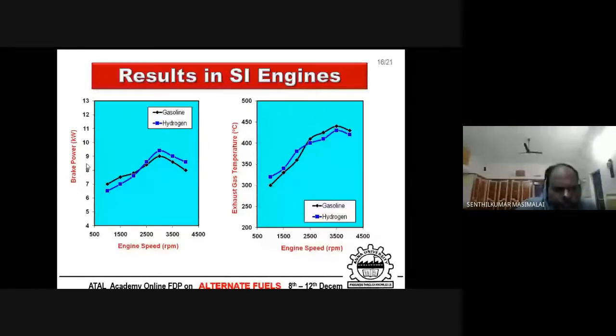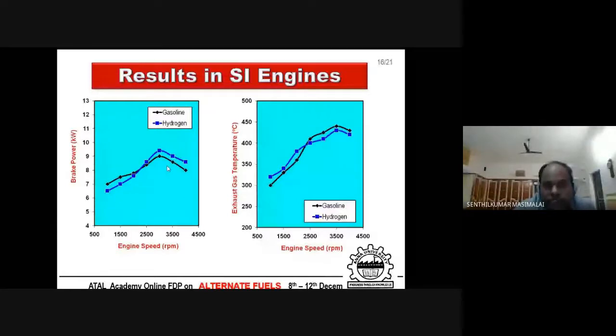Actually, I made a mistake here. So if you look at the graph, hydrogen resulted in higher thermal efficiency. At higher engine speeds, hydrogen resulted in higher thermal efficiency as compared to gasoline.